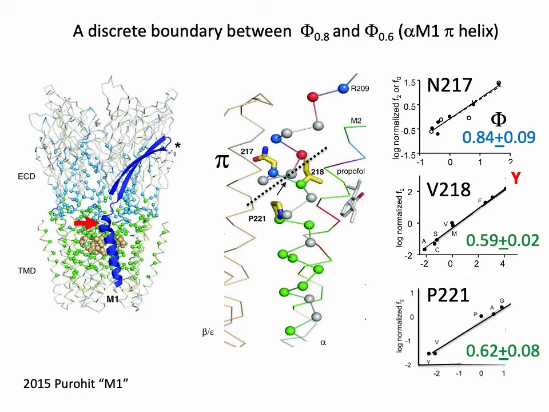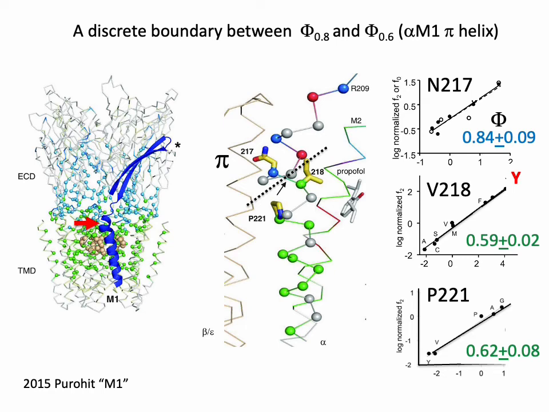This is a close-up of a discrete boundary between the 2 phi blocks, one between the blue group of residues at 0.8 phi value and the green group of residues at 0.6. That is between the extracellular domain and the transmembrane domain.